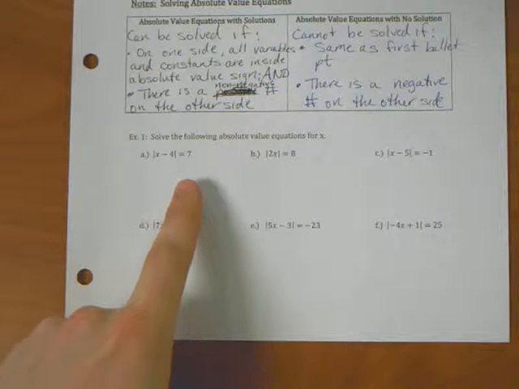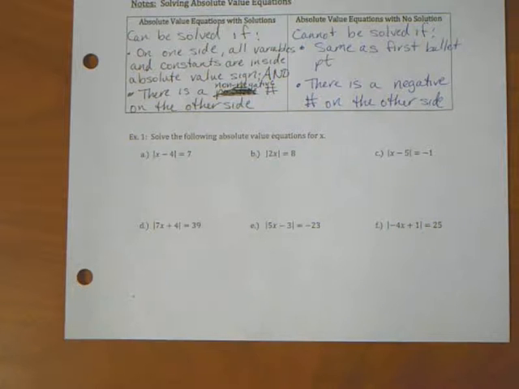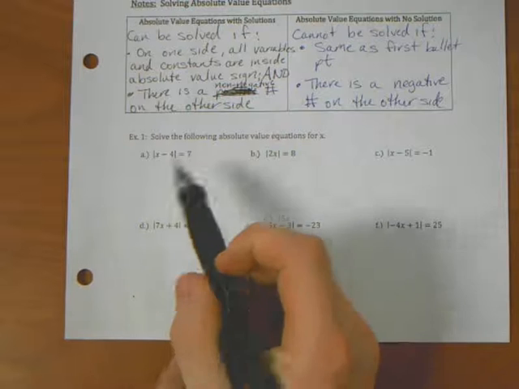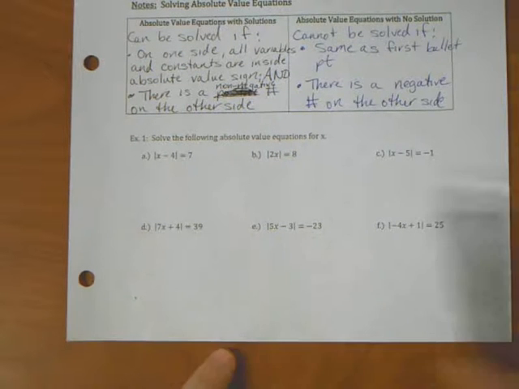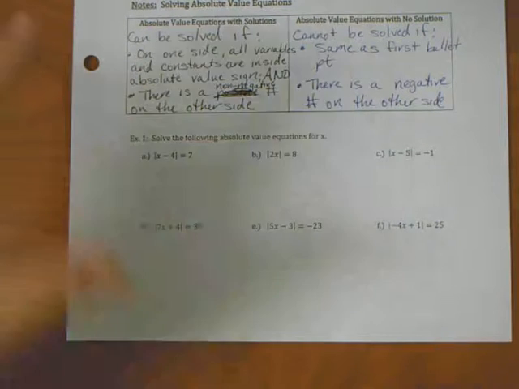So, how do you know that it can be solved? Yeah. So everything's on the inside of your absolute value sign on one side, non-negative number on the other side. Yes, can be solved. Check mark.